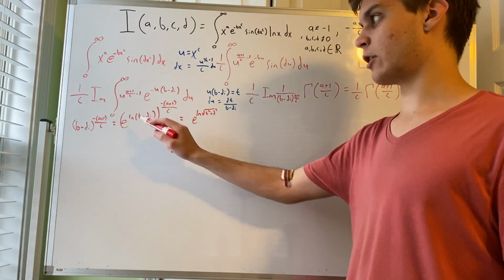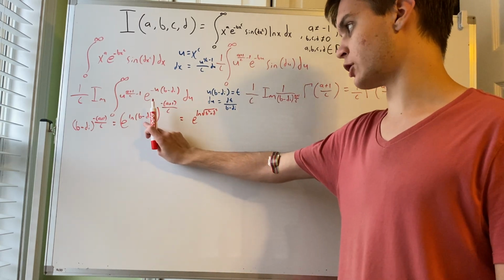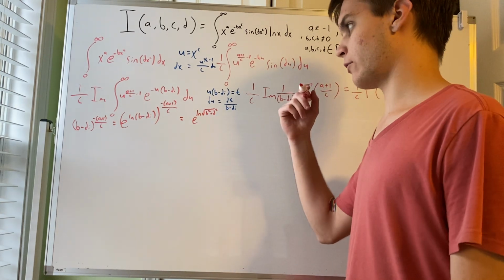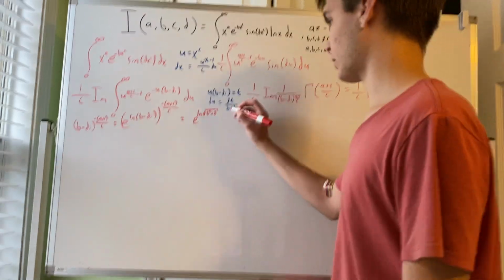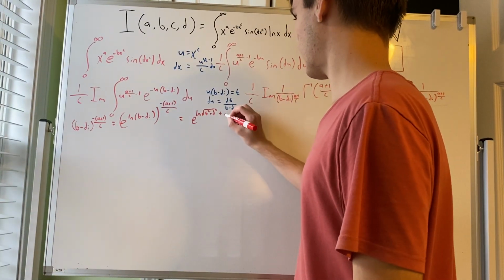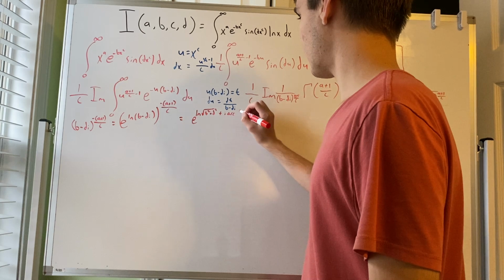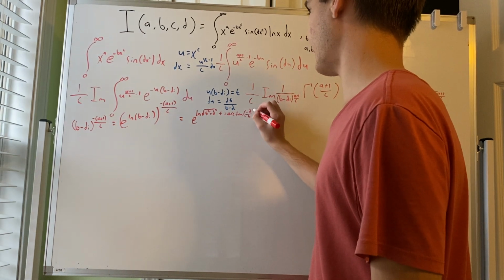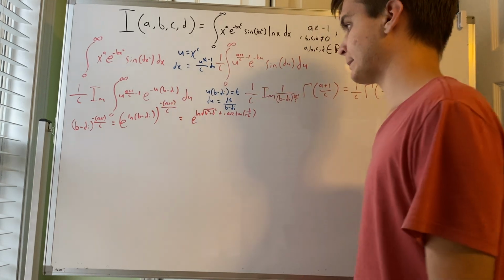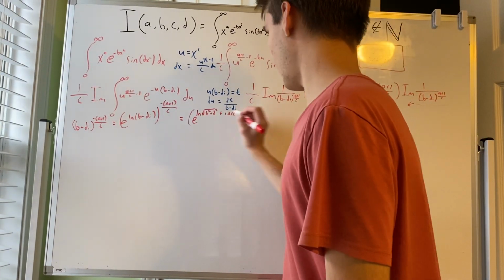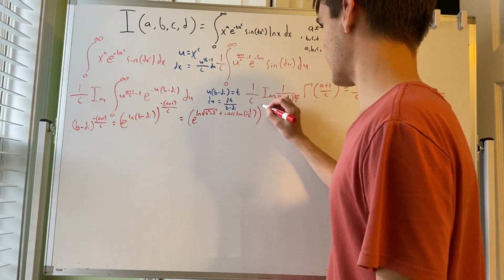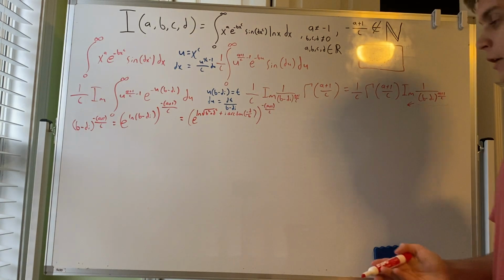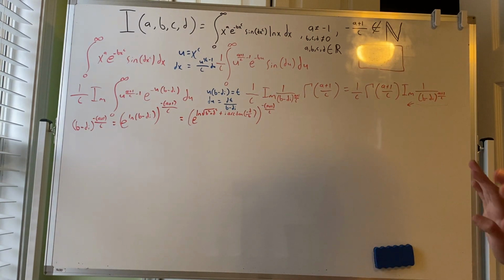And remember, our imaginary part here is the coefficient of i, which in this case is minus d, and we have b as our real part. So that means we're going to have plus i arctangent of minus d over b. Imaginary part, real part. And then all of this is still being raised to the minus a plus 1 over c. Okay, so now we've got that.